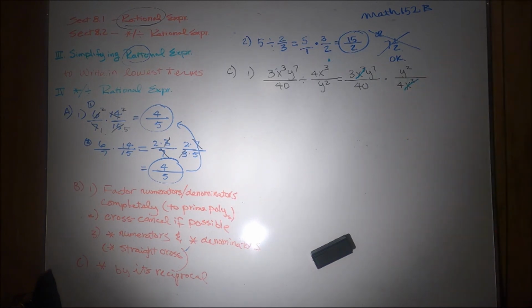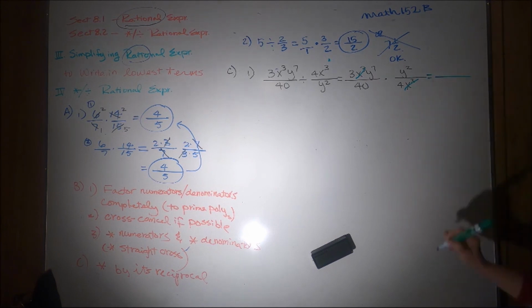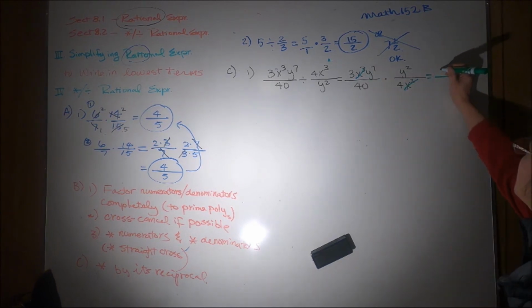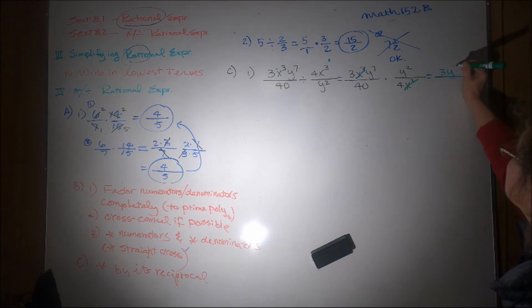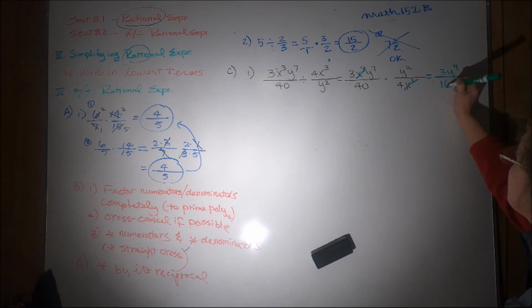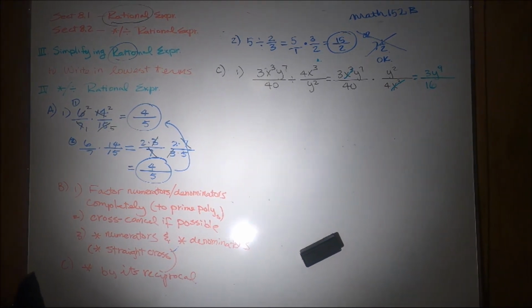The y to the 7th, they are both on the top, so that's it. Then we multiply straight across: 3, and how many y? 7 and 2, total 9. 40 times 4 is 16. Is that right?